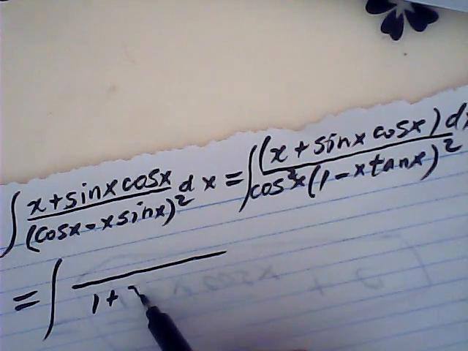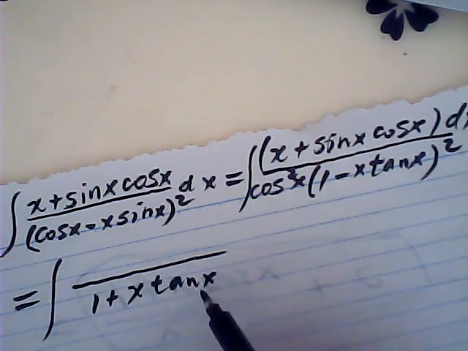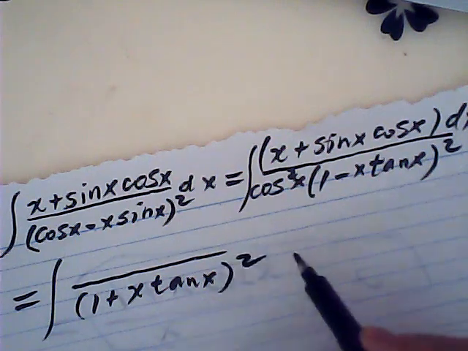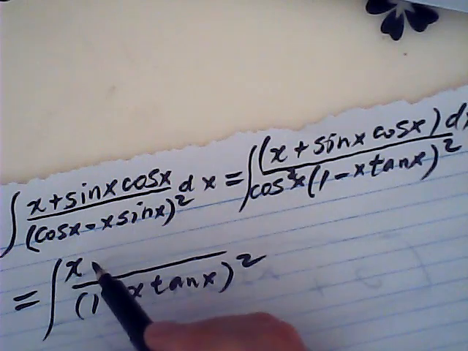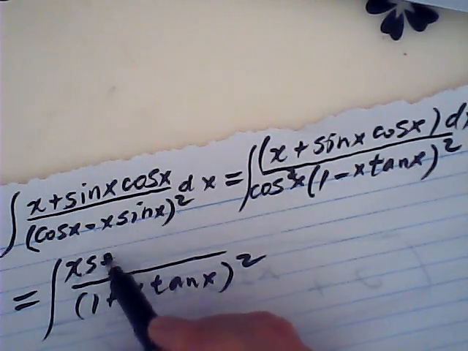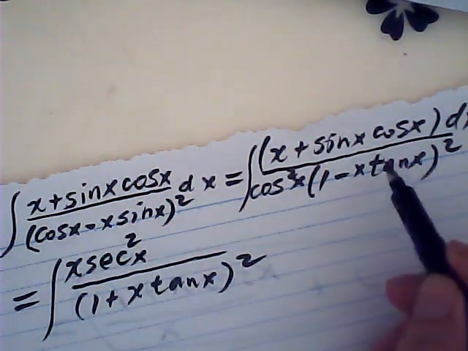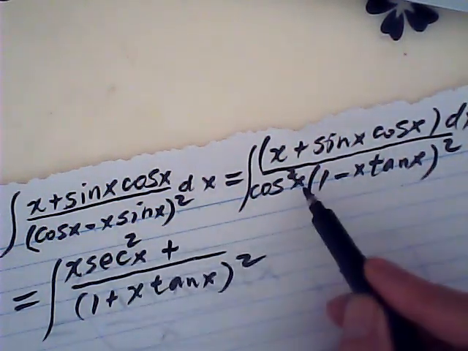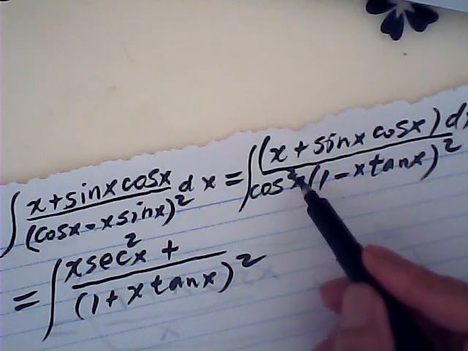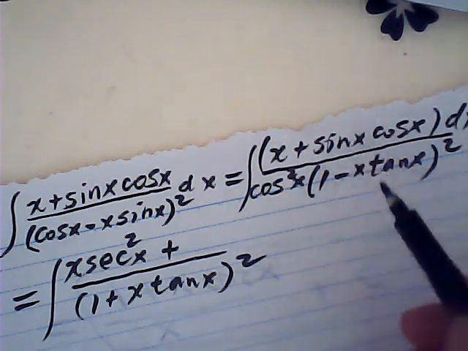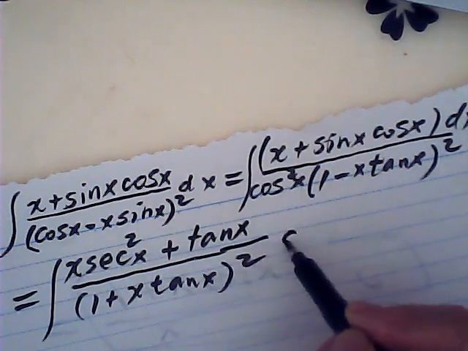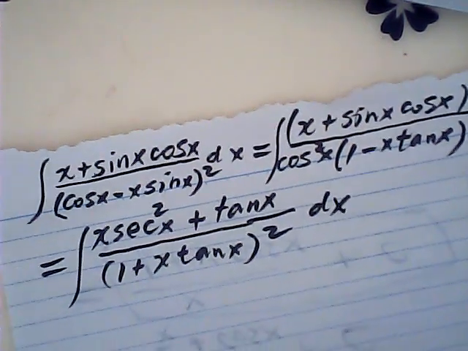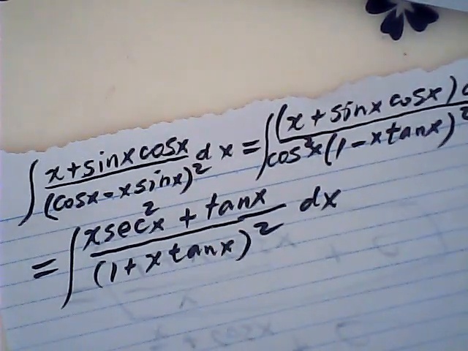This is 1 plus x tangent x squared, and this becomes x. 1 over x squared, tangent squared is a secant squared x, plus 1 over cosine cancels with the other sine, becomes tangent, right? dx. Good.